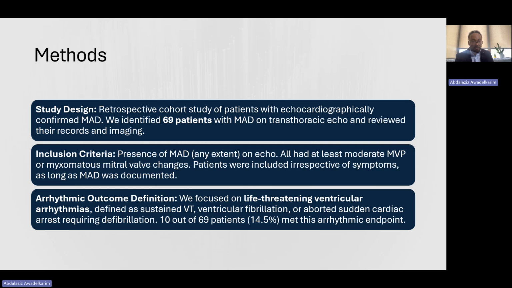We defined arrhythmia as life-threatening ventricular arrhythmia, which is sustained VT, VFib, or a history of aborted sudden cardiac death. And out of those 69 patients, 14.5% made that arrhythmic endpoint.